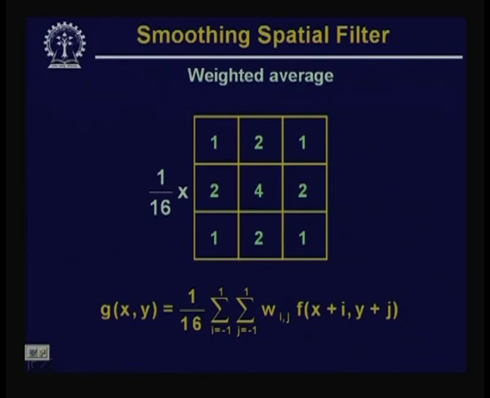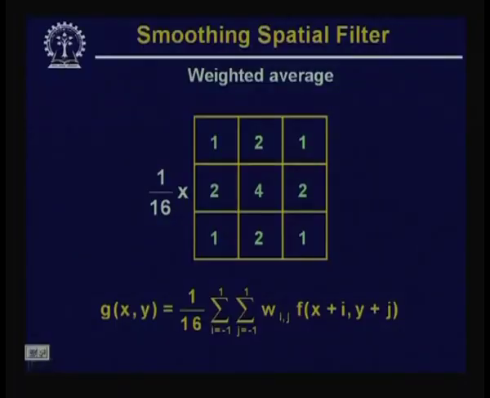Effectively, when we take the average, we weight every pixel in the neighborhood by the corresponding coefficient, and what we get is a weighted average. So the center pixel, that is the pixel at location x y, gets the maximum weightage, and as you move away from the center location, the weightage of the pixels is reduced.